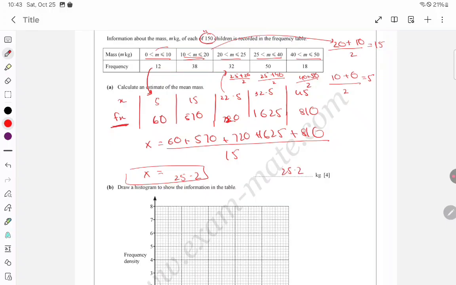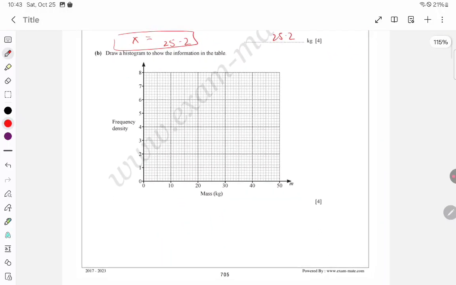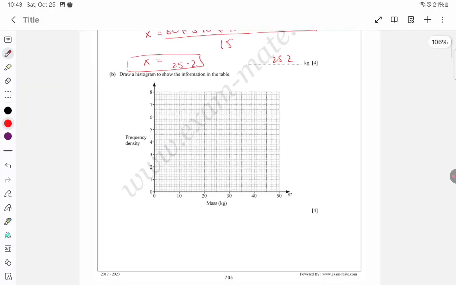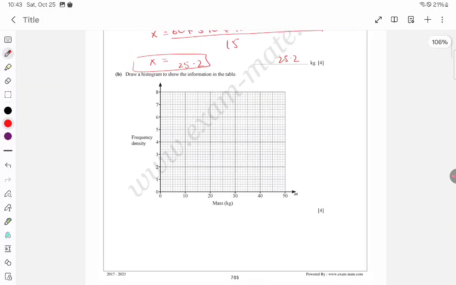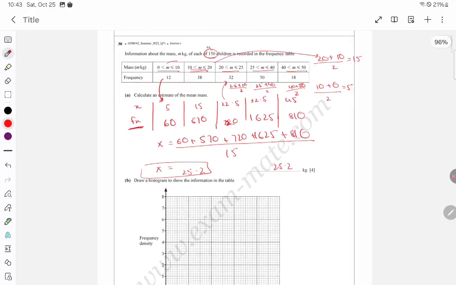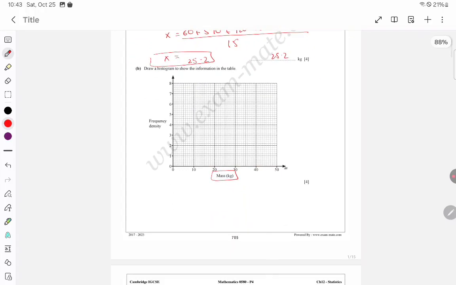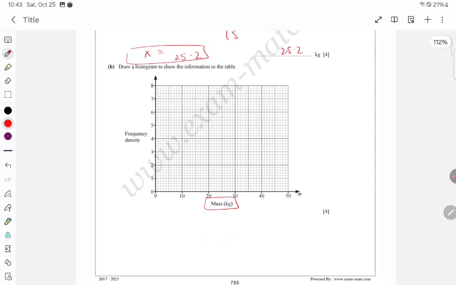Now for the next part, draw a histogram to show the information in the table. The mass limits are given right here: 0 to 10, 10 to 20, 20 to 25, 25 to 40, 40 to 50. We have to calculate the frequency density.